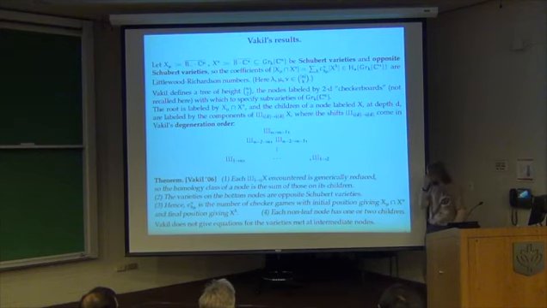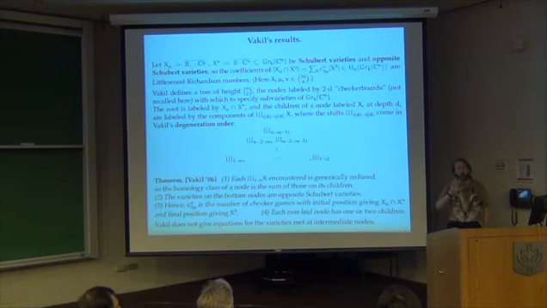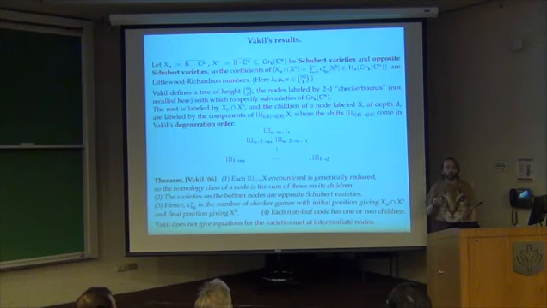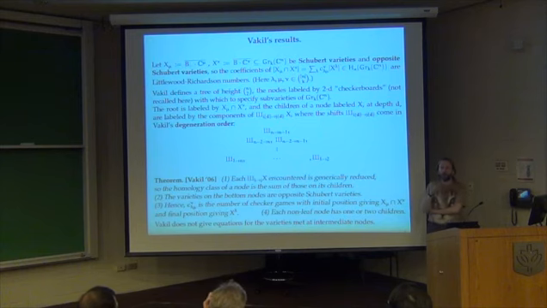Right, so he wants to do them in this order because what happens during the shifting process is that things break. He'll start with a variety and he'll shift it, and it will then become reducible. It'll have multiple components, and he'll say, okay, split those components up and then deal with them individually. So one clear reason you're going to want to do something like that is that Littlewood-Richardson numbers can be more than 1.